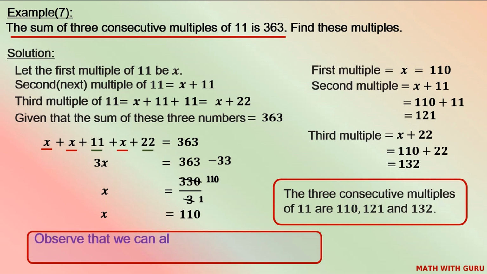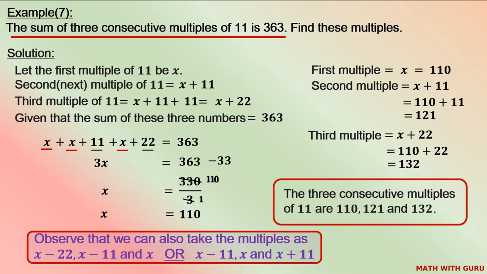Observe that we can also take the multiples as x minus 22, x minus 11 and x. If you take the largest multiple as x, then the preceding multiples would be x minus 22 and x minus 11.